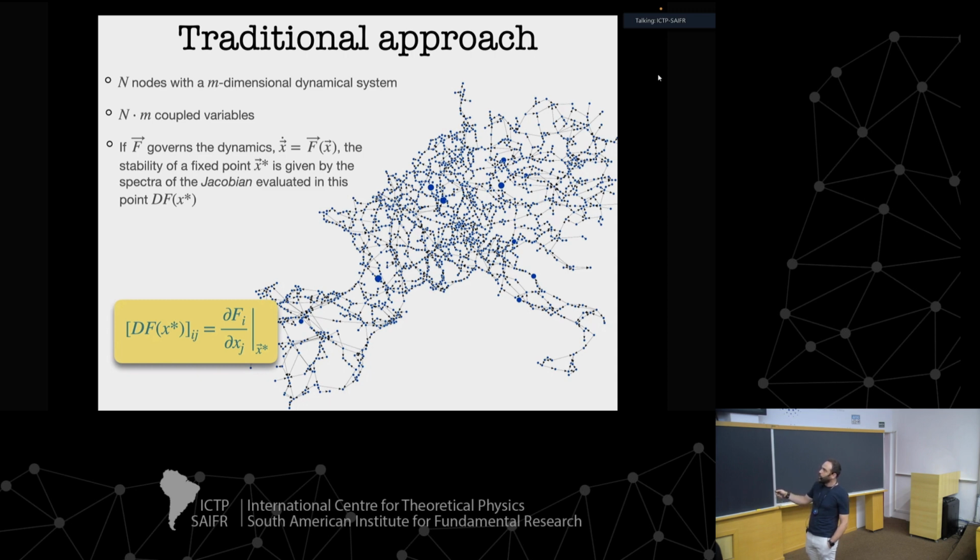Remember, we have this number of variables, and we evaluate these derivatives at the solution, okay? So it's a matrix of numbers, because they are derivatives that are evaluated. The problem is that this is an n times m by n times m matrix. It's a very big matrix, okay?